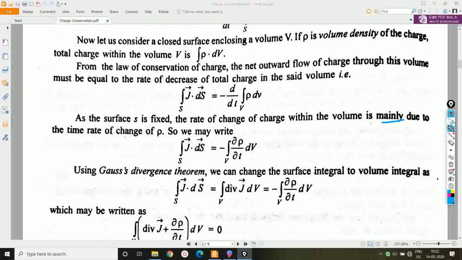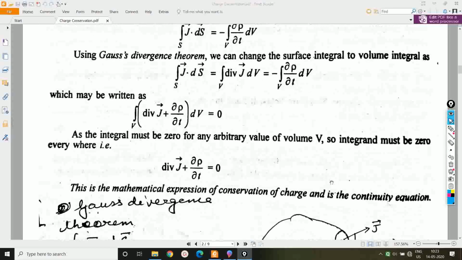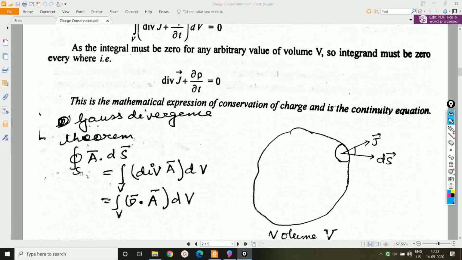Next, we try to use something called Gauss's divergence theorem. What is Gauss's divergence theorem? It states that the surface integral of A dot ds is equal to the volume integral of divergence of A multiplied by dV. I repeat, it is divergence of A dV; there is no dot before dV.